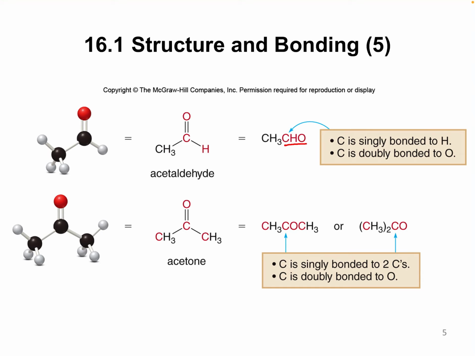I don't particularly like the condensed form that they've given us here for acetone, so I would prefer something like this instead. That way you can actually see the carbon-oxygen double bond, but either way you should be able to figure out, based on the number of things bound to each one of those carbons, that that oxygen has to be double bonded to that central carbon of acetone.